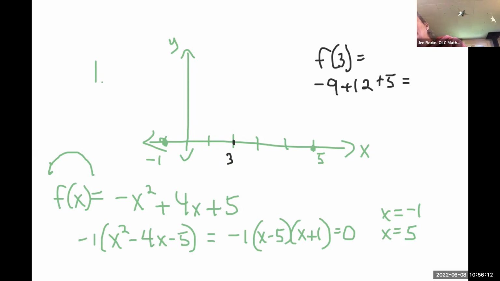So 17 minus 9 is 8. Just make that be 8 so it fits. If I was doing this for an assignment, I would do it on graph paper, so it would be a little bit more precise. So when x is 3, y is 8, that's enough to get a nice curve going here.